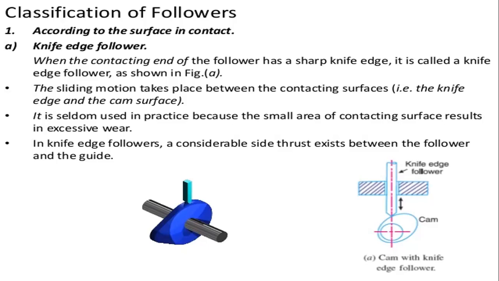When the contacting end of the follower has a sharp knife edge, it is called a knife edge follower. A sliding motion takes place between the contact surfaces. This is the 3D view of the surface contact of the knife edge follower with the cam.